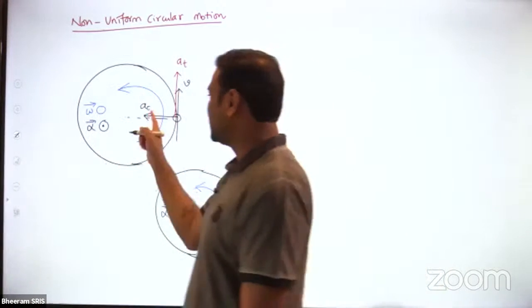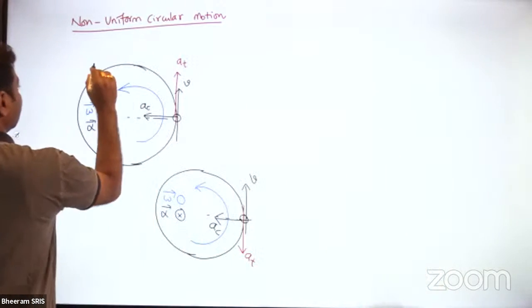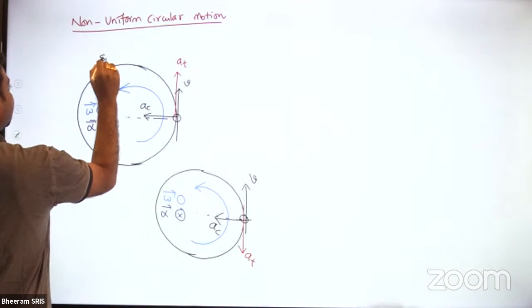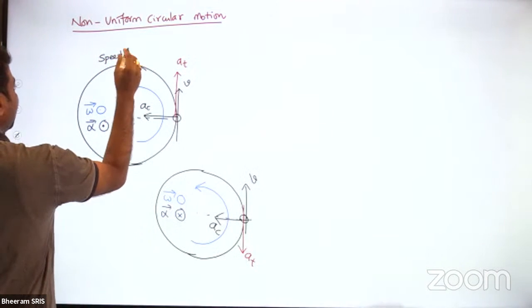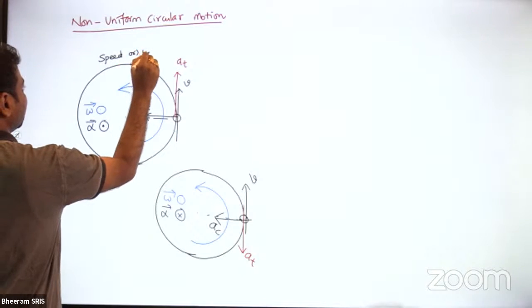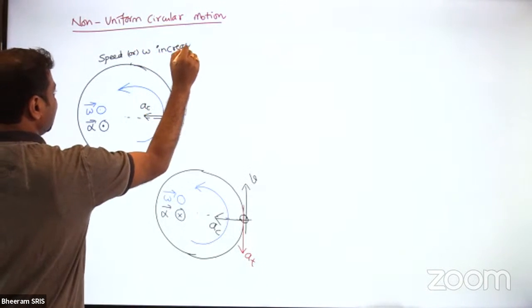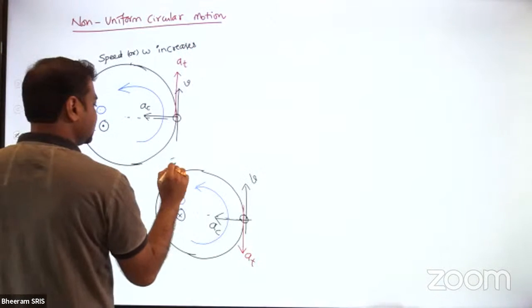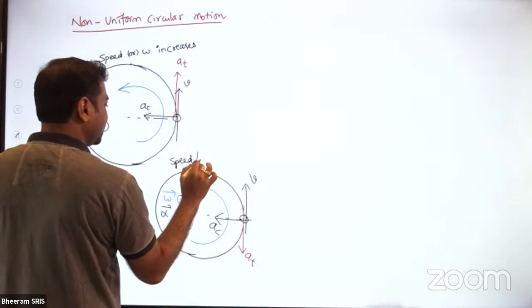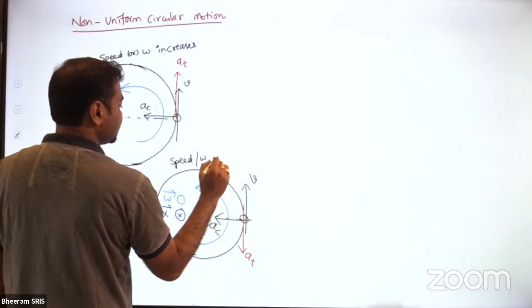These are the alpha and omega directions. So in this case, the particle speed or angular velocity increases, whereas here the speed of the particle or angular velocity decreases.